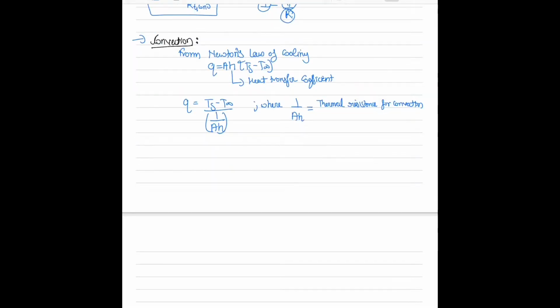Now let's go to the radiation. In radiation, we know heat transfer by radiation equal to Stefan Boltzmann constant, area, T surface temperature power 4 minus T surrounding temperature power 4.